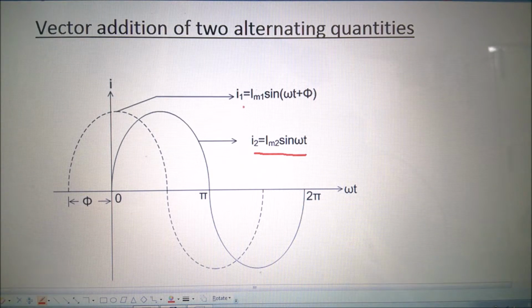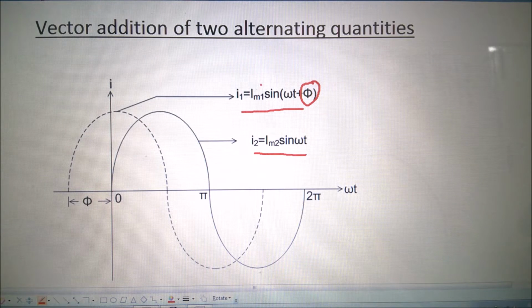Another has a phase difference of phi; it is ahead of I2. I1 is ahead of I2. Now we want to sum these vectorially. How do we do that? First, you can see that I1 is leading I2 by the angle phi.